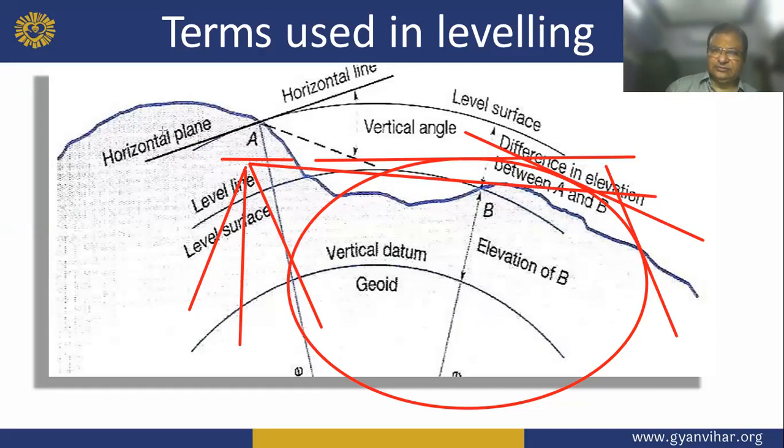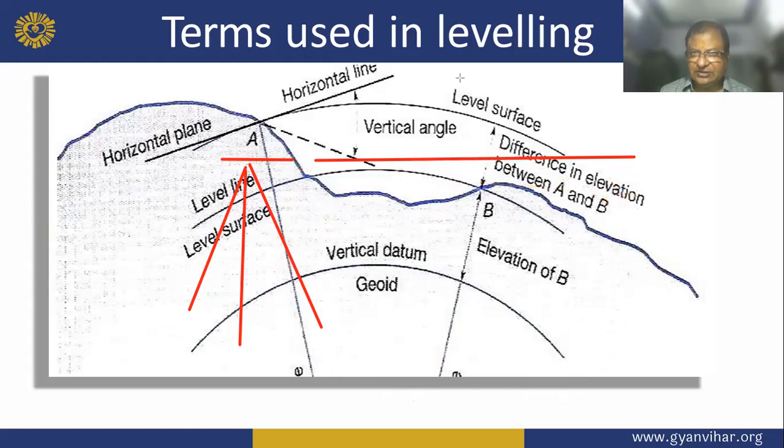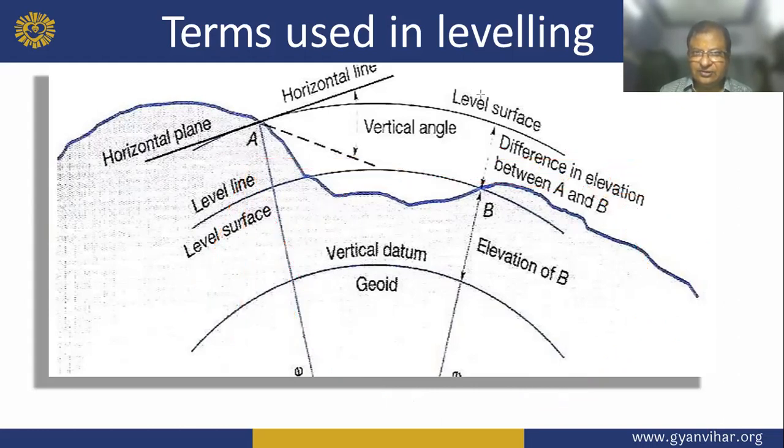But this is shown as a diagram, as practical like this. So this is the difference between horizontal line and surface line. What do you understand? Horizontal line and surface line. Is it clear?